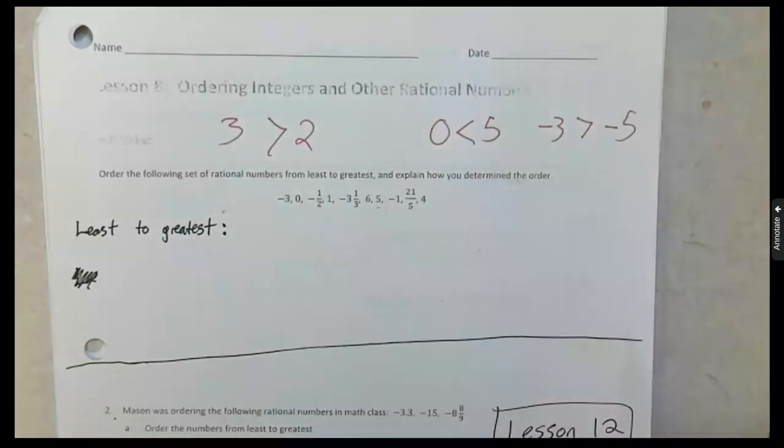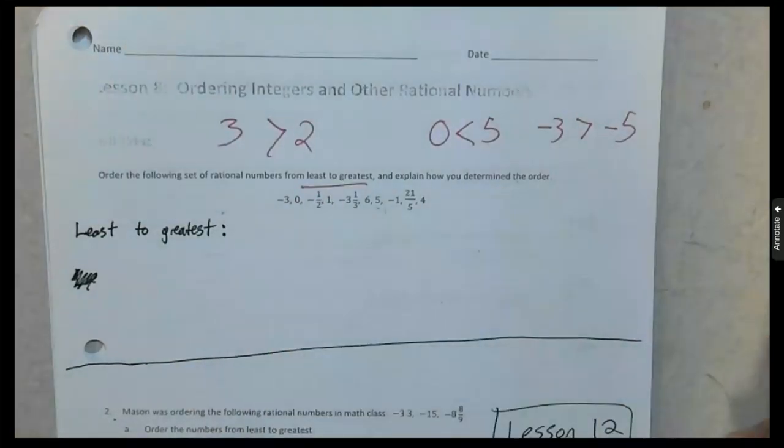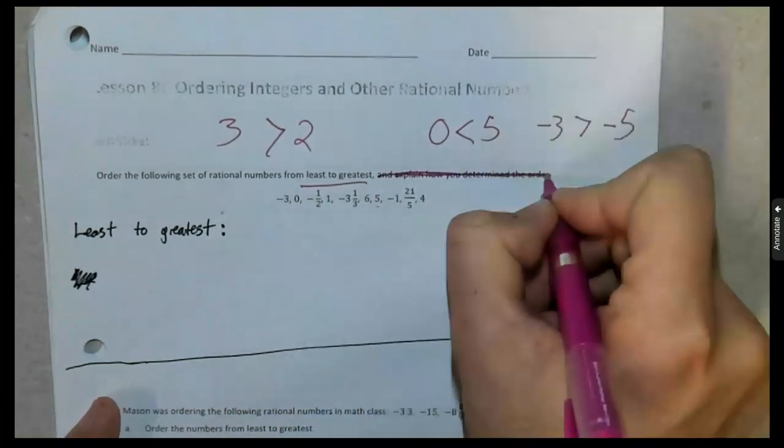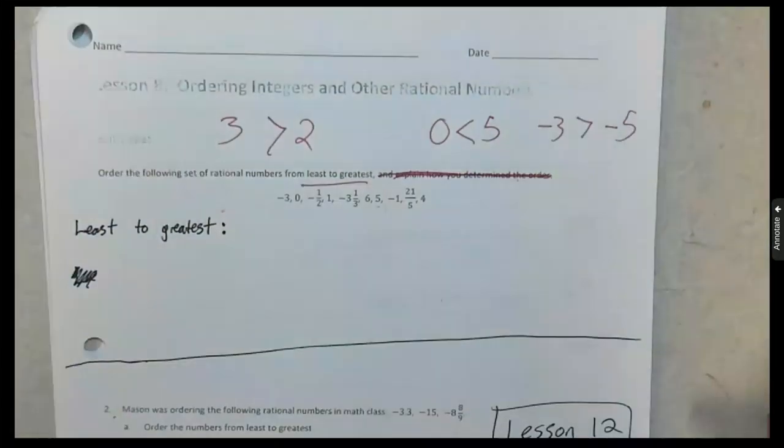So all you have to do is list them from least to greatest. I'm going to again say you don't need to explain because we're going to quickly move through this module.